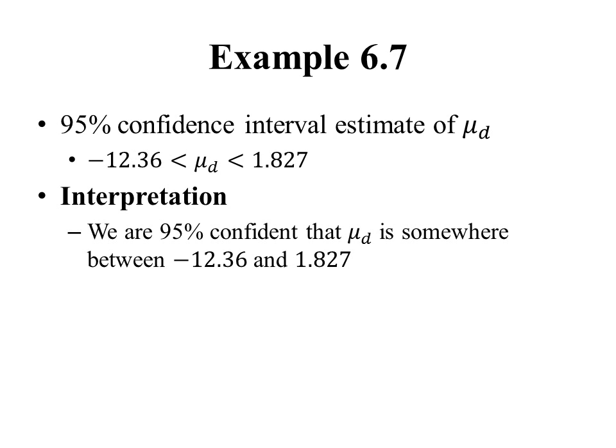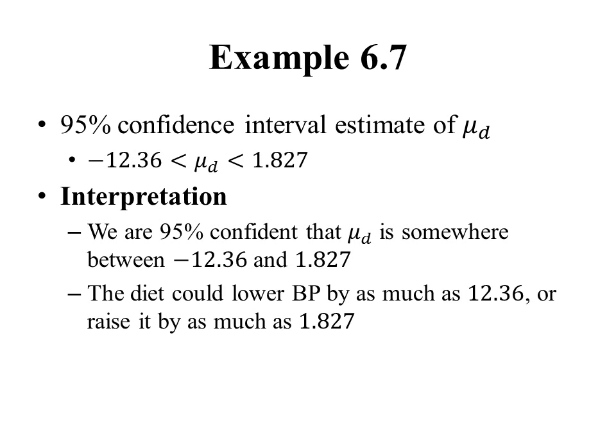We would say that we are 95% confident that mu sub d is somewhere between these two numbers. Okay. So a negative number means that the diet lowers blood pressure. A positive value means that the diet raises blood pressure. And so we would say that the diet could lower the blood pressure by as much as 12.36, or it could raise it by as much as 1.827.